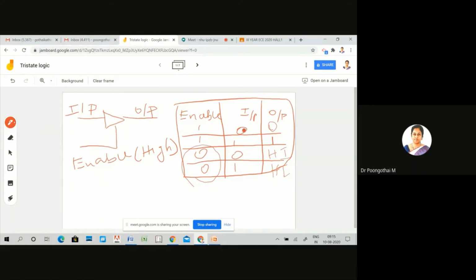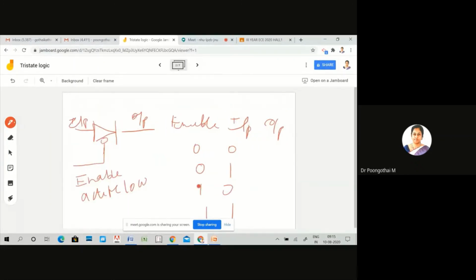So 0 means your output will be 0, 1 means your output will be 1. But in case the enable signal is equal to 0, it is in high impedance state. It is physically connected, electrically disconnected. At this state, it cannot send or receive any information. So next one, complete this table and tell me the answer.